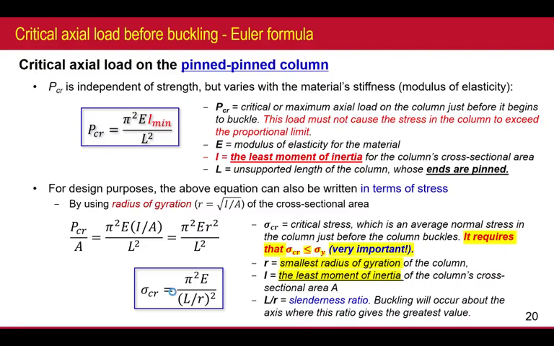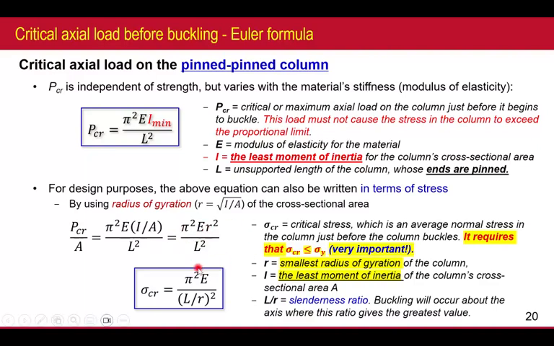But anyway, for any design here, we should know what kind of value we should work out. Basically, we use the radius of gyration, because we can further input this value: PCR over area, with pi squared E, and put r squared times A inside, and L squared. So then we can put the values inside.